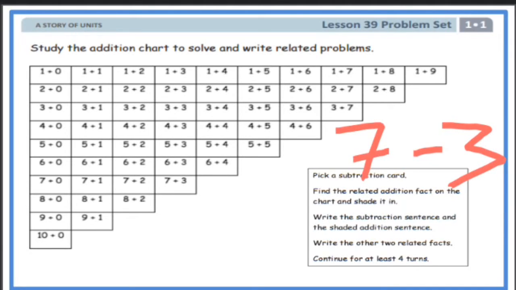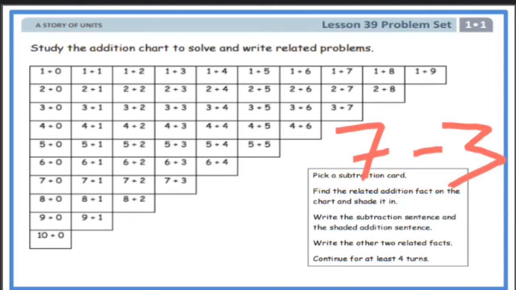So what is the related addition fact? First of all, 7 minus 3 will give us what? If we count on 3, 4, 5, 6, 7, that's 4. So 7 minus 3 will give us 4. Alright, so that means I have to look for the numbers that will give me 7.